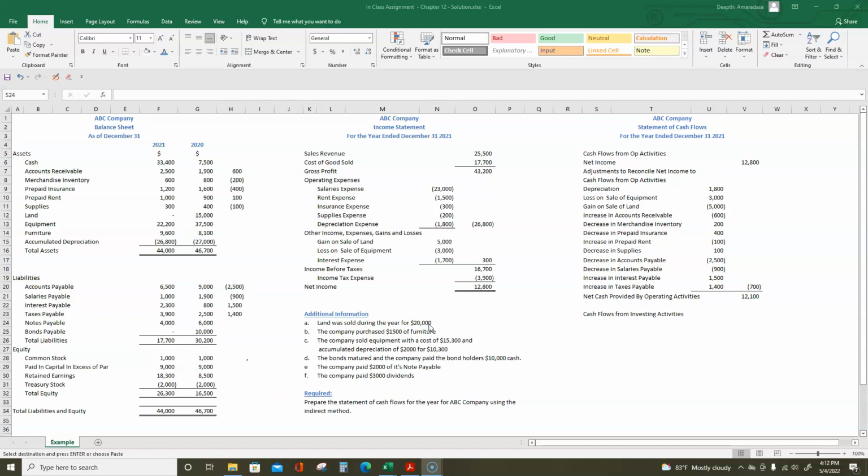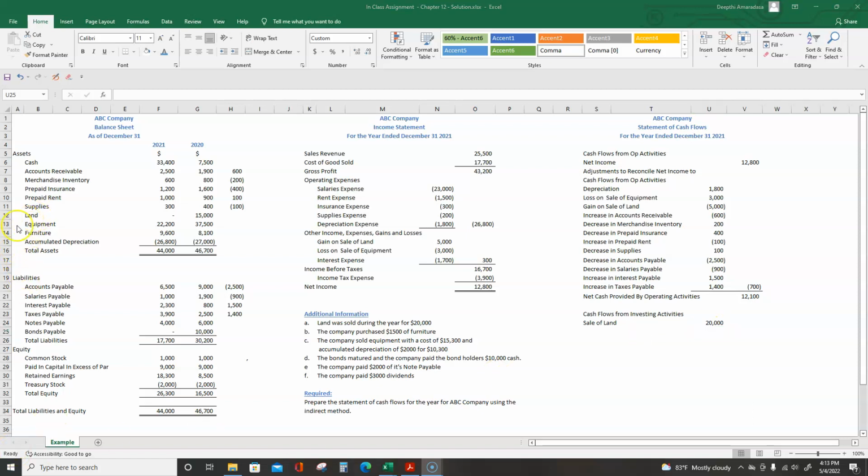So if land was sold during the year for $20,000, we know that the company would have received $20,000 cash. That cash that they received belongs in the investing activities section. So we say sale of land, and we put the 20,000 as a positive number because money is coming into the company. It's an inflow of cash.